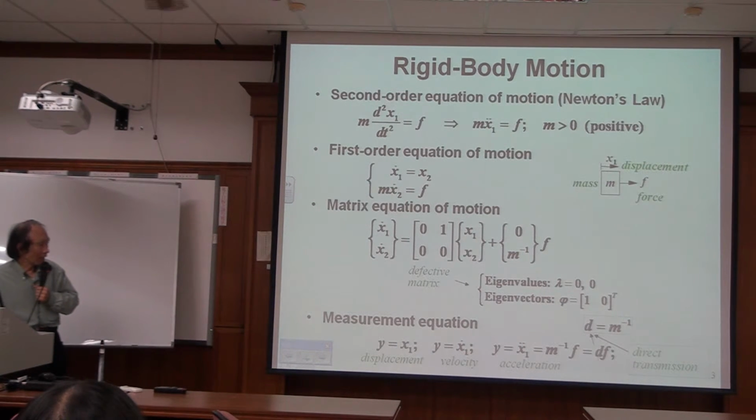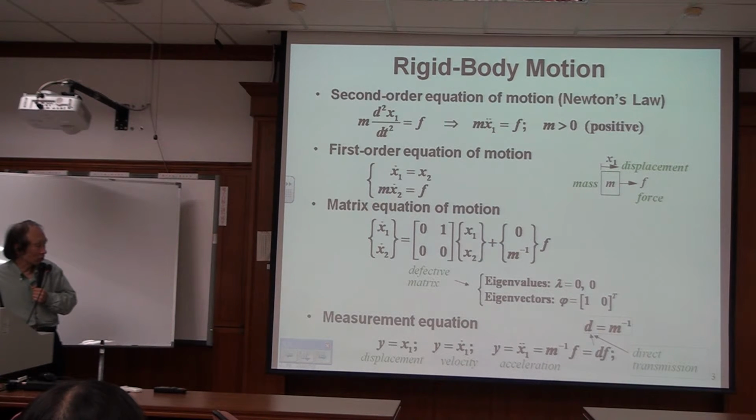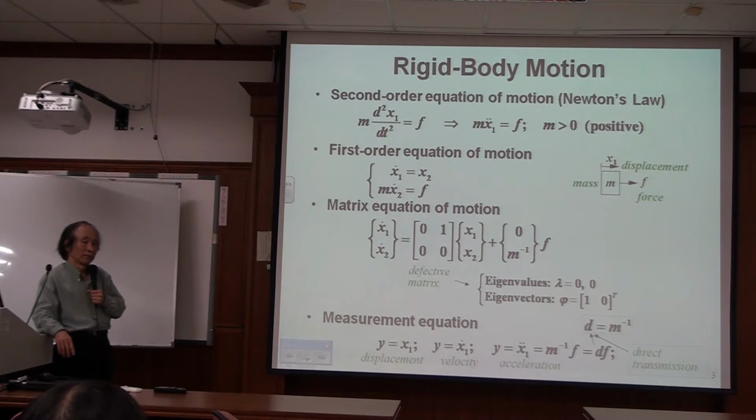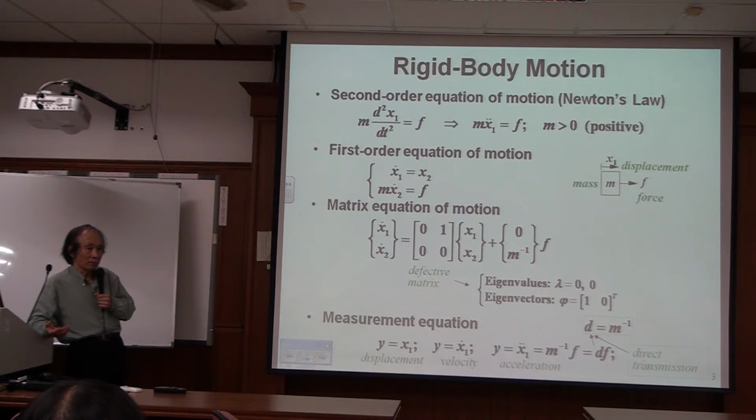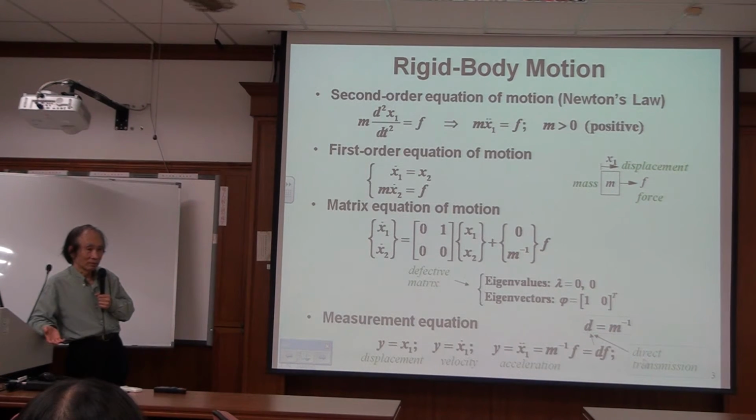Because if you have acceleration measurement, your Y, in matter of fact, is to measure the force. Your unit won't be meter, won't be meter per second. Your unit will be what? Newtons or pounds or kilograms and so on.